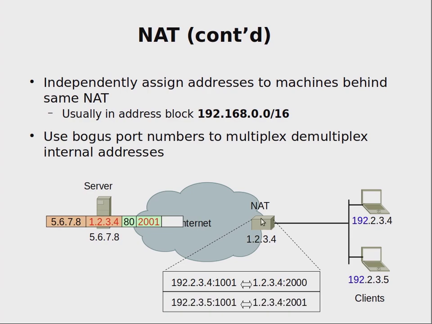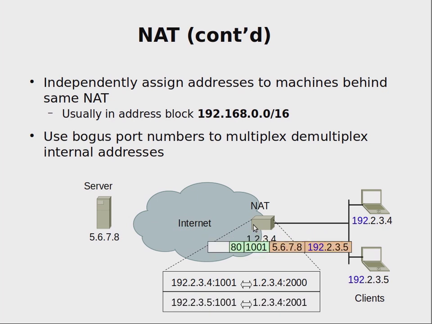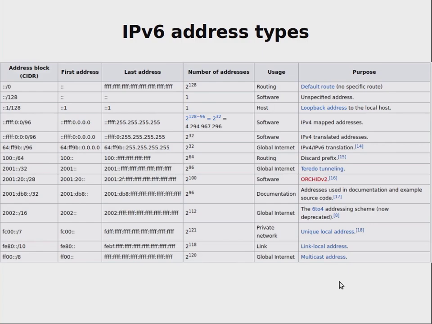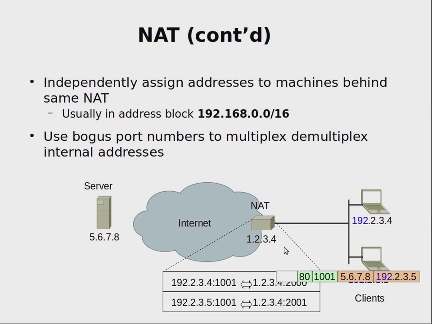This server still thinks that the only communication is happening between this server and this NAT device. But what actually happens is that in this particular case, two different computers are sharing the same public IP address between them.